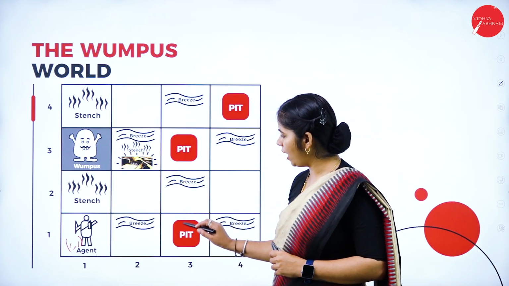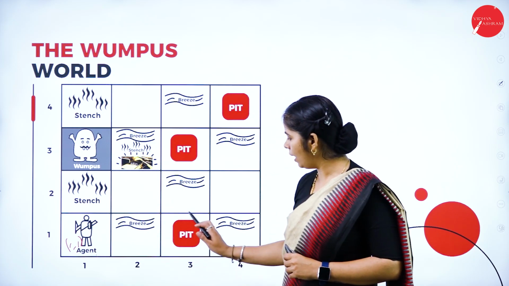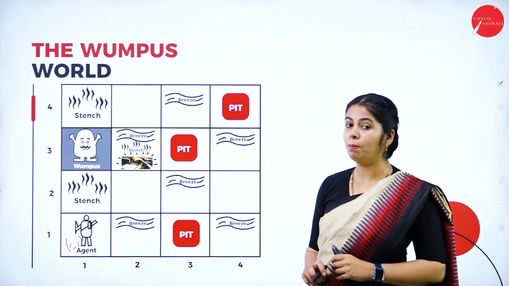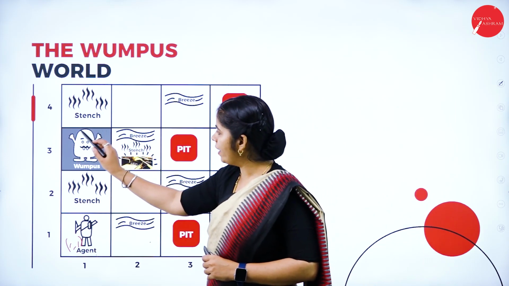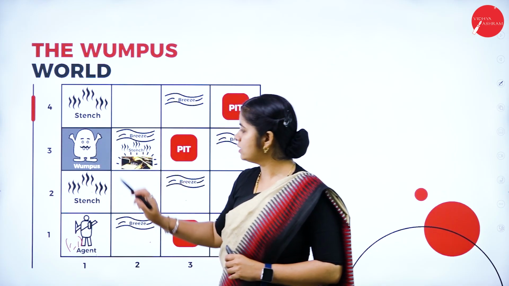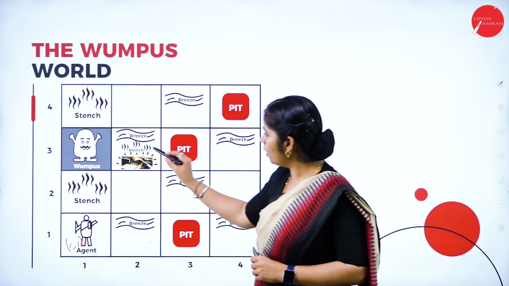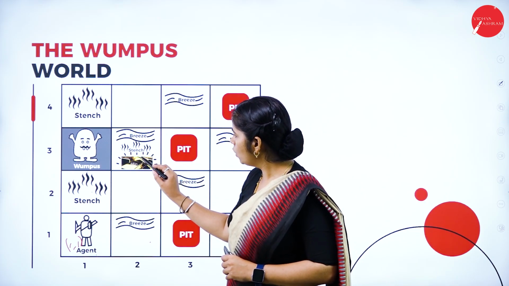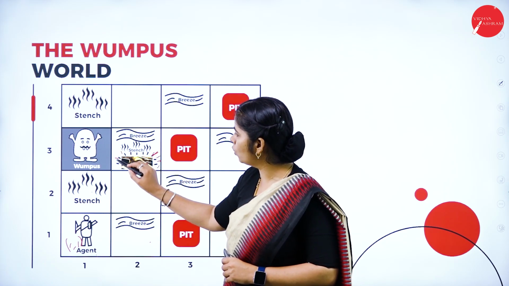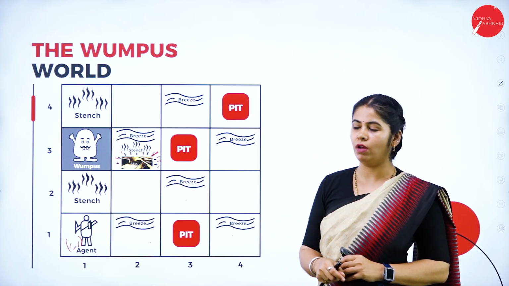Wherever there is a pit, the nearby rooms have the breeze smell. Wherever the Wumpus is, the adjacent cells will have the stench smell. And wherever the gold is, you will see the glitter of the gold to identify in which cell we have gold.